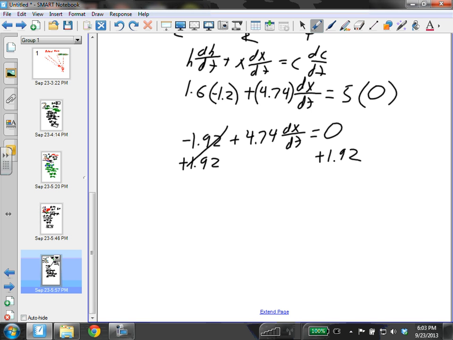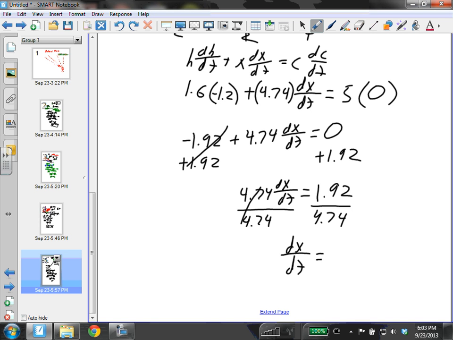These cancel, and we have 4.74 times the change in x with respect to the change in time equal to 1.92. And now to get our rate by itself, we divide by 4.74 on both sides, and we get that the change in x with respect to the change in time at this point should be 0.41 meters per second.